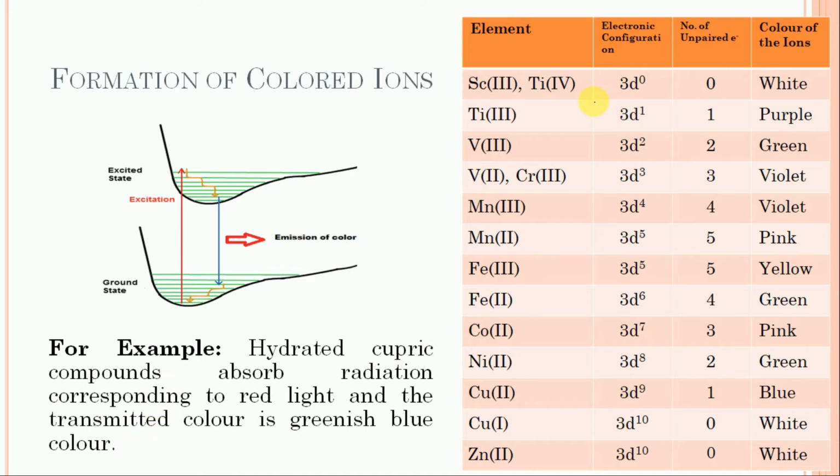So these are the various elements and the colors of their compounds. In this case, scandium 3+, titanium 4+, copper +, and zinc 2+ are colorless due to the absence of unpaired d electrons.